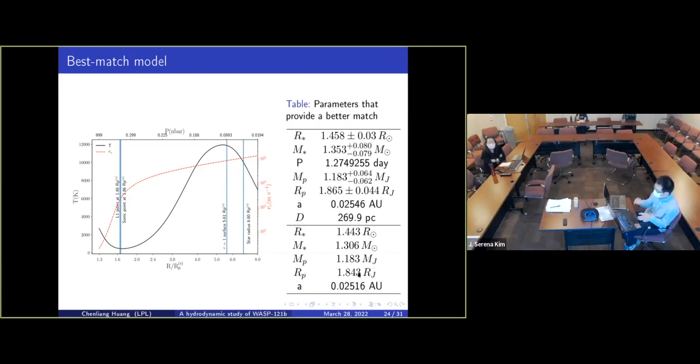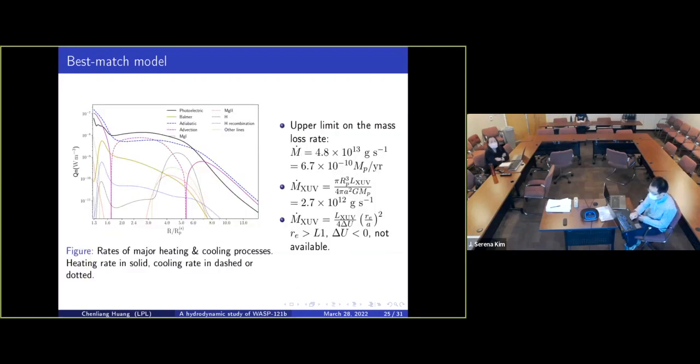Just using this method slightly increases the surface gravity, and it turns out to better match the line profile shape. We also need to decrease the Lyman continuum by a factor of 5-ish, but that doesn't really change the line center transit depth. It's more about the line profile shape. We also need to reduce the stellar Lyman alpha from our fiducial value by 40%. So that's what I call the best match model.